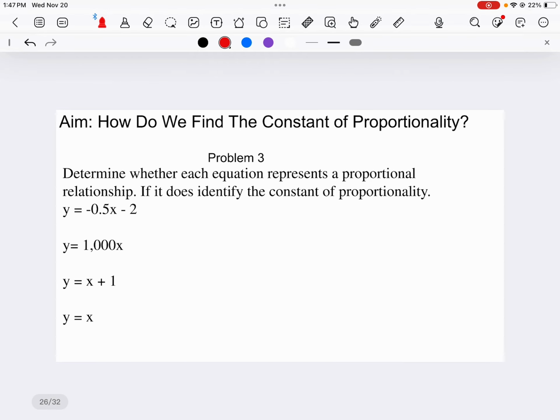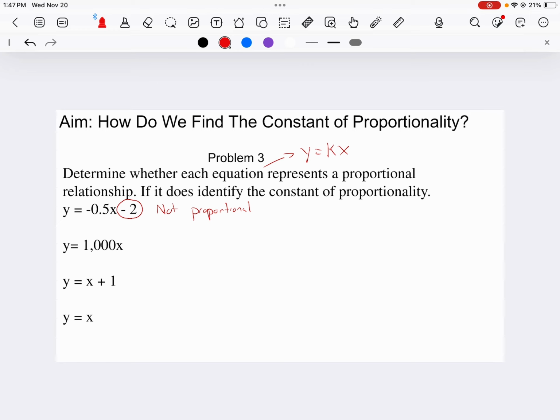Determine which equation represents a proportional relationship. If we want the equation of a proportional relationship, it has to be in the form y equals kx. If it does, identify the constant of proportionality. So this first one, y equals negative 0.5x minus 2. Since we have this minus 2 here, this equation would not be proportional.